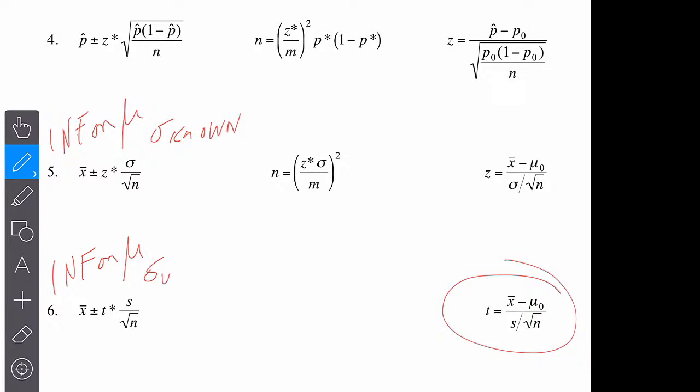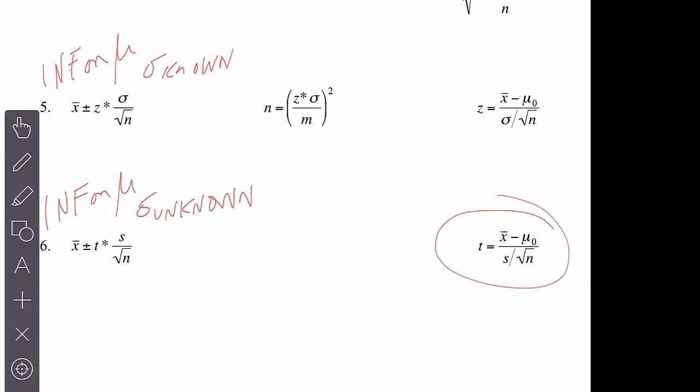Formula 6, inference on the mean. Sigma here, though, is unknown. If I don't know sigma, I have to use the best guess, the best substitute for sigma. The best substitute for sigma is S, the sample standard deviation. So I'll use that instead, all right?